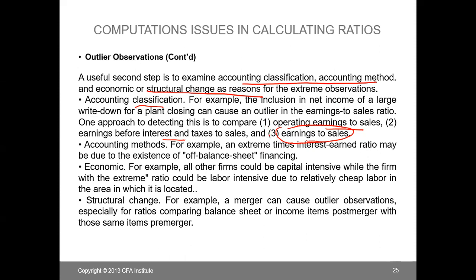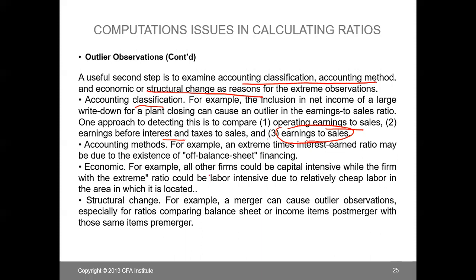And if for some economic reason in a particular year the company is enjoying some good advantages, like cheap labor, it can also reduce some expenses. For this reason, extreme numbers can arise. It also happens during a merger and acquisition when two companies combine their businesses.